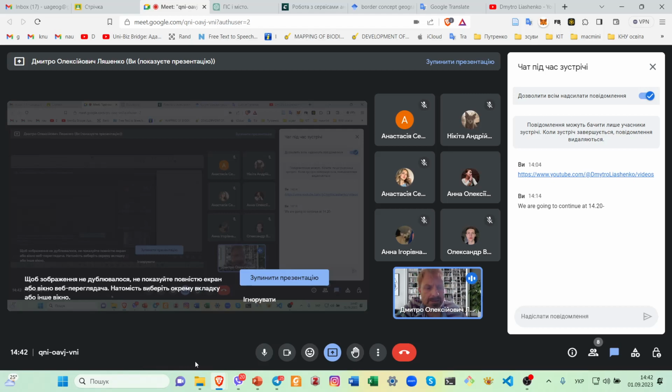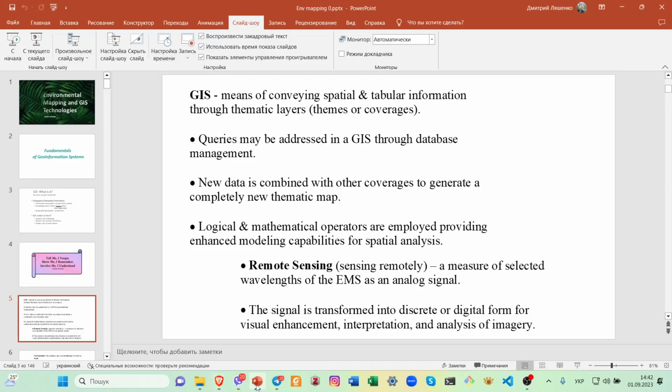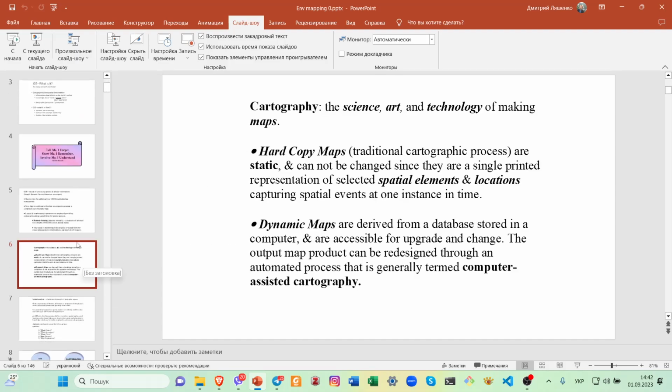Nikita, Alexander. About digital and analog data, yes? I can say the media gallery in a telephone can be an example of digital data.